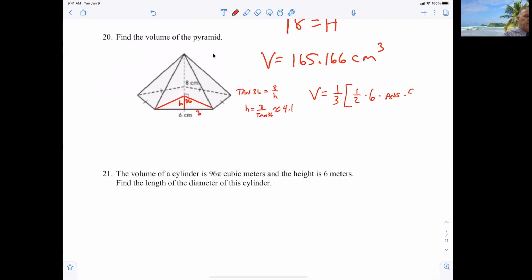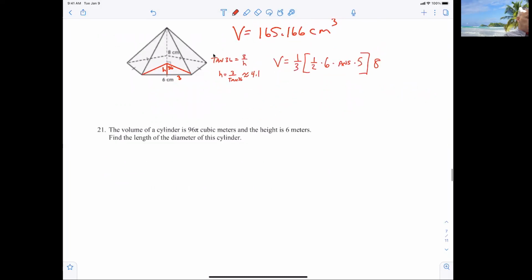Times 5. Times the height of the pyramid, which is what? 8. Double check that. Anybody have any issues? All right, simple. I told you.